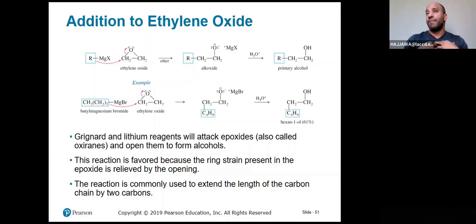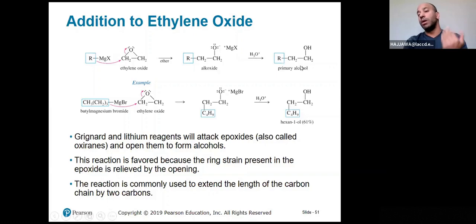But if I have an epoxy group where one of the 2 carbons attached to the oxygen is more substituted than the other, avoid that carbon. It will be sterically hindered for the Grignard to attack. It's a bulky reagent, so it will pick the less sterically hindered, less crowded one. Once it attacks, it breaks the C single bond O and makes an alkoxide.